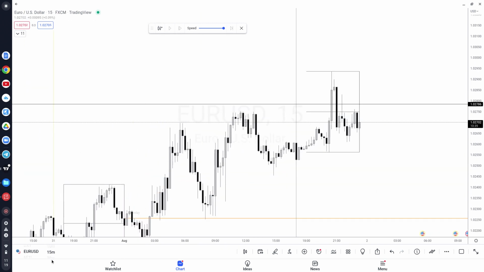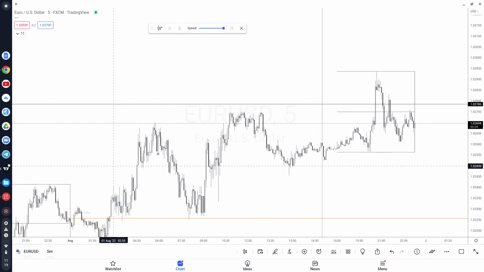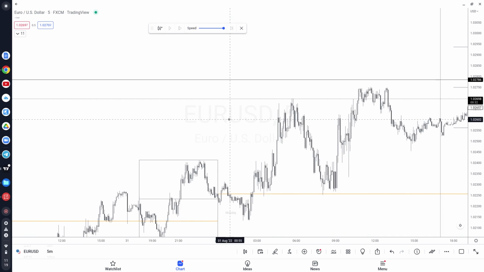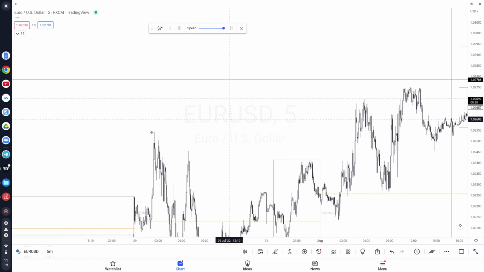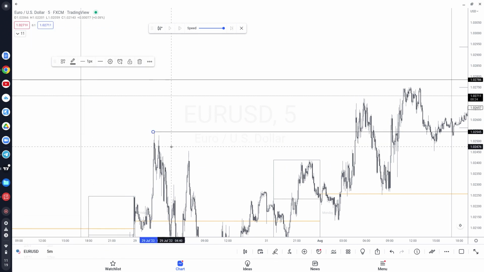So there were short entries on the Euro here because price had taken out previous day's high. Right, so previous day's high swept. Okay.